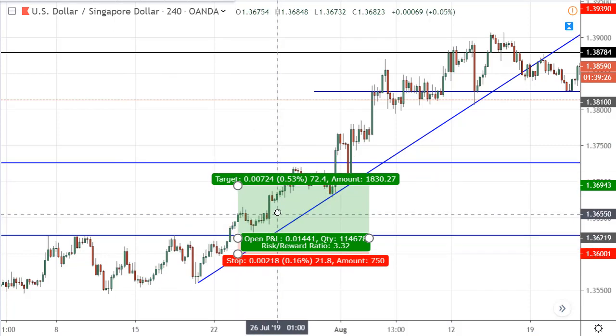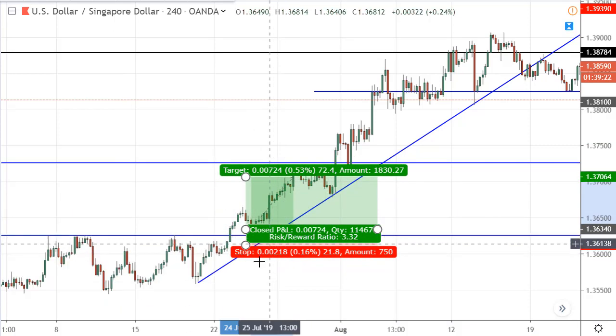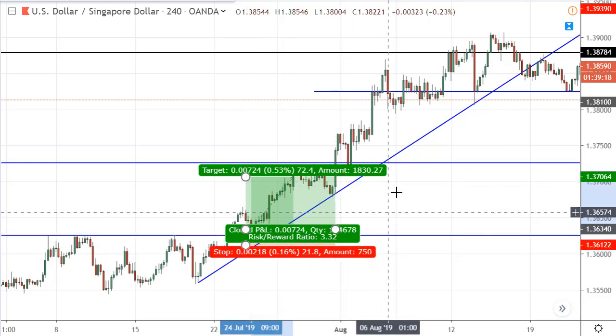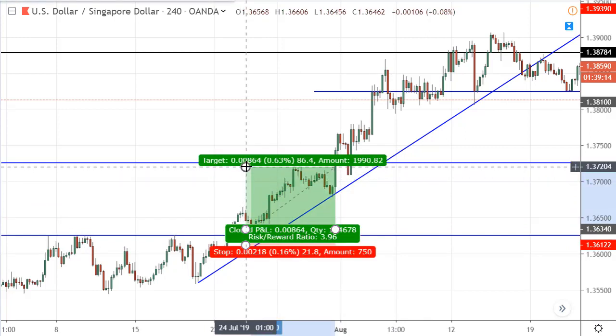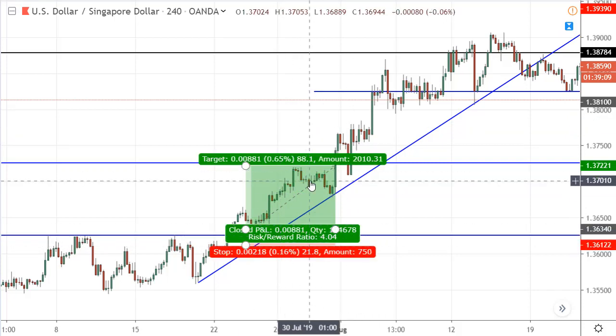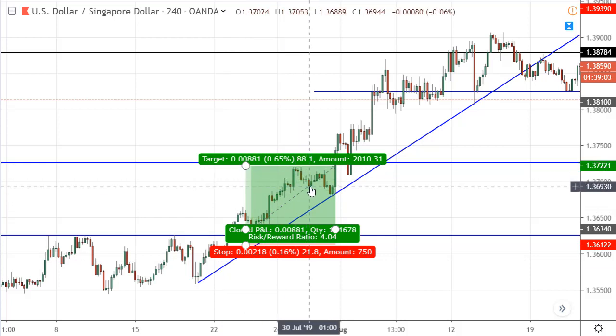Then you would have been ready to take this trade around this area, and then maybe you would have taken the trade up here or whatever. It doesn't really matter that much, but because you don't know in advance where it's going to go, maybe you just remove your stop loss and you would have gotten out on the break of this level.